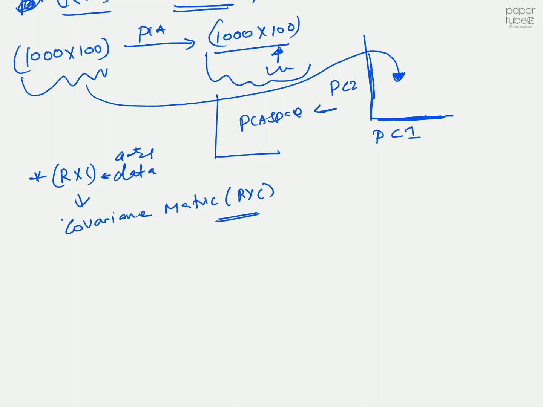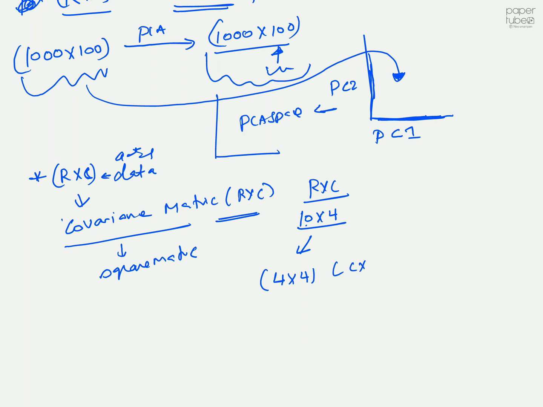Yeah, so covariance matrix is always a square matrix, and the dimensions will be, so if you have a row multiplied by column, say 10 rows multiplied by 4 columns, your covariance matrix will be 4 multiplied by 4. So something like a column multiplied by column of the actual data set. So that will be the size of your covariance matrix.